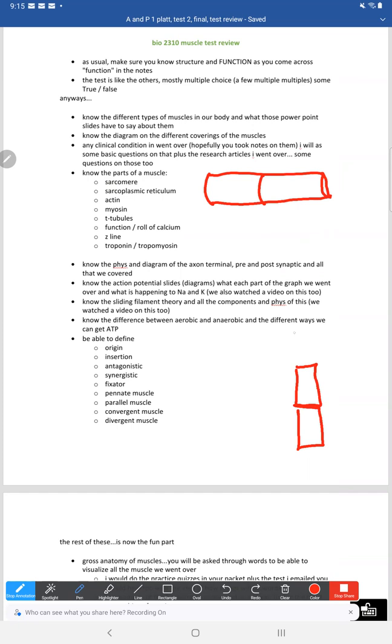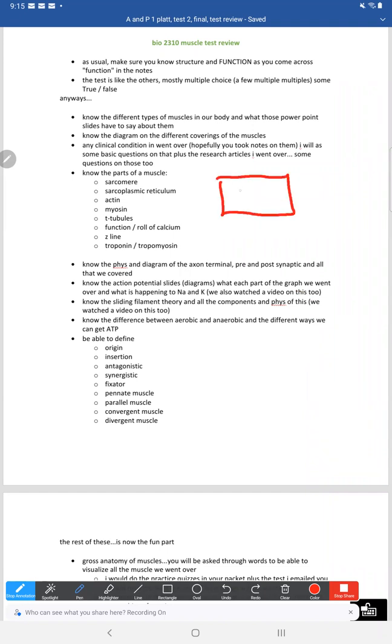So if you take a 12-ounce Coke can and you stack them up, you get one long line. Okay, so if you look at it from a distance, it just looks like one long line. But when you zoom in closely, they're actually individual segments, right? And that's a sarcomere. And then within the sarcomere, you have the contractile unit, the actin, and the myosin.